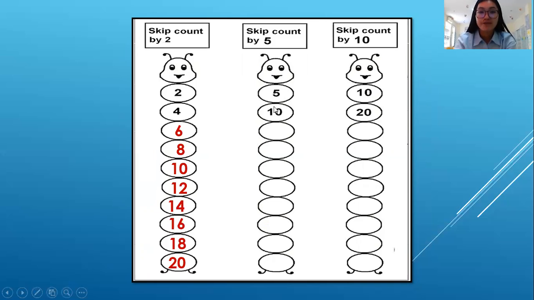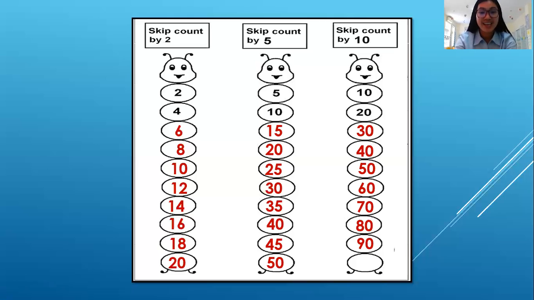So we have 5, 10, the next number, 15, 20, 25, 30, 35, 40, 45, 50. Now let's keep counting by 10. 10, 20, the next number will be 30, 40, 50, 60, 70, 80, 90, and the last number is 100.